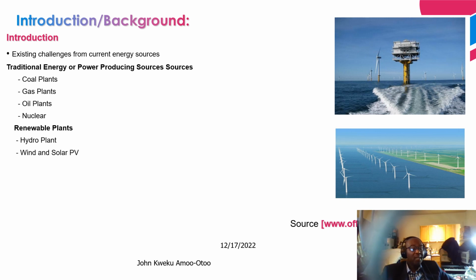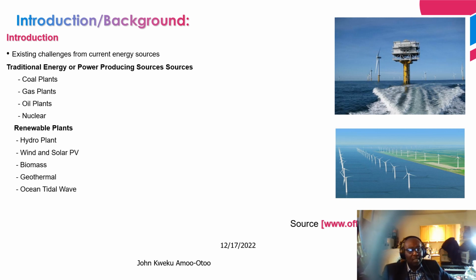Next is wind and solar PV, and that's a great figure. These days there's a high penetration of wind and solar PV into the existing AC network. Next is biomass.